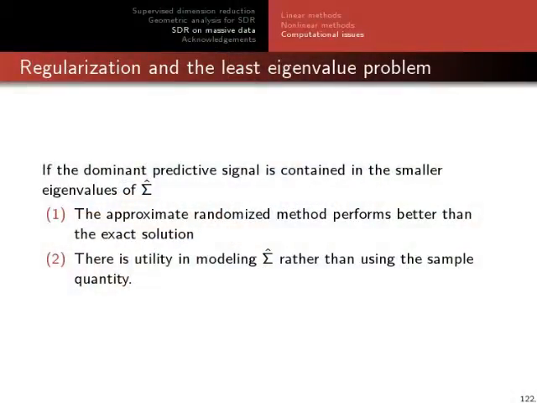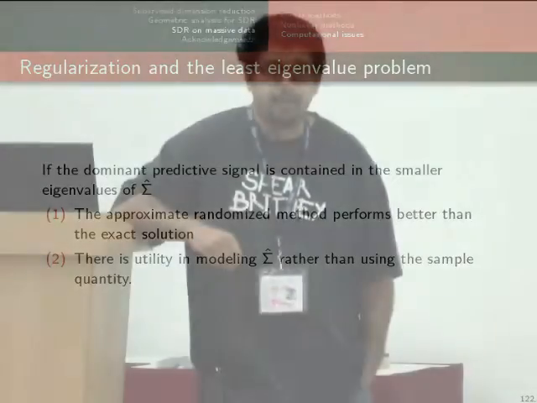There's another interesting thing about this. There are people who do regression using factor models. There's this old problem which is called the least eigenvalue problem. Let's say you're doing regression, but first you do PCA. And it turns out all of the signal in your regression is in the eigenvectors corresponding to your lower eigenvalues. This is called the lowest eigenvalue problem. What you noticed is that if the signal is contained in the lower eigenvalues, it turns out that this randomized approach will do better than the exact approach.